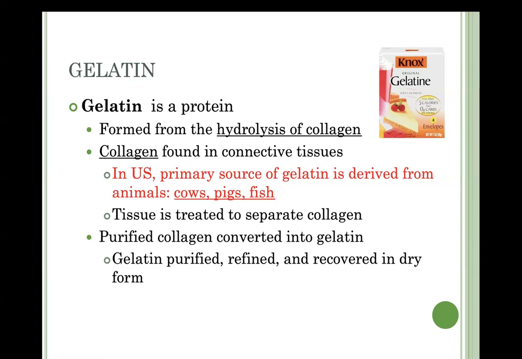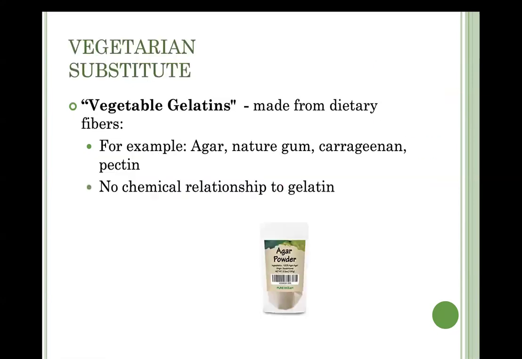We use it for thickening, we use it for candies, we use it for a multitude of different purposes. But we do purify it, all right? We convert it into the gelatin and we recover it in a dry form. We do have vegan or vegetable-based gelatins. All right, so these are made from your dietary fibers. We're looking at agar-agar, natural gum, carrageenan, and pectin.